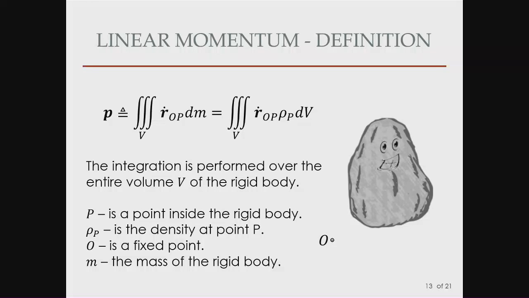First of all, we assume now point O is a fixed point. Why is that? We are going to relate P, the linear momentum, to the sum of forces acting on the rigid body. And in order to do that, we are starting from Newton's second law.